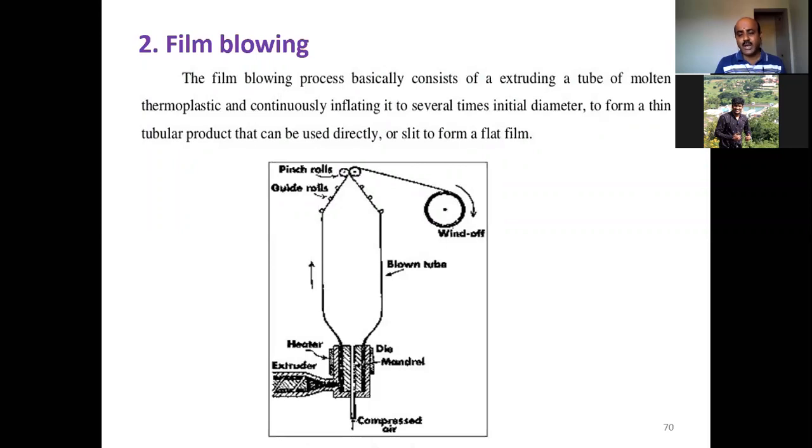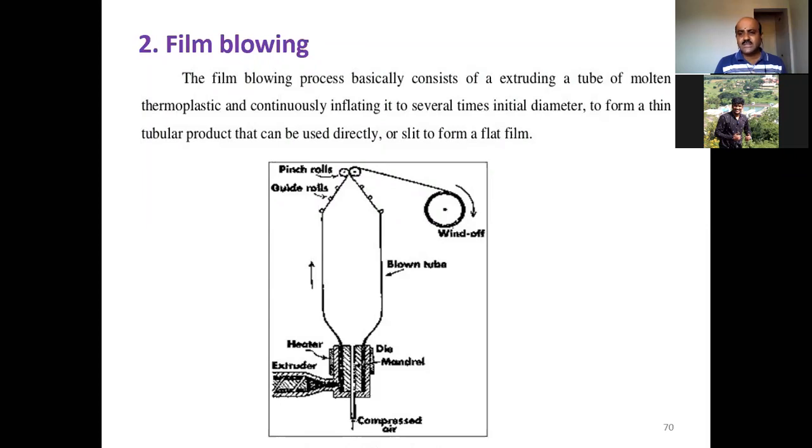The thermoplastic tube has been extruded out and it has been continuously inflated with air to several times its diameter to form a thin tubular product that can be used directly or split to form a flat film. So this type of process is used for making film-like structures or tubes which have hollow structures, right?